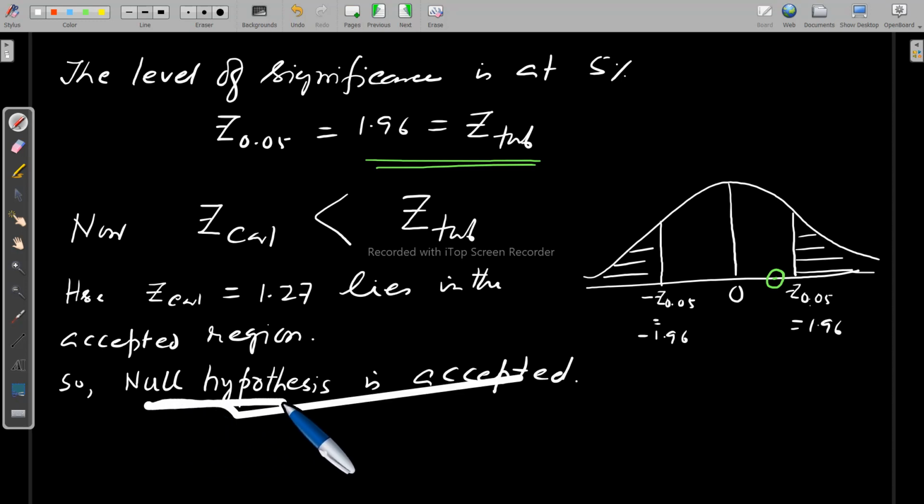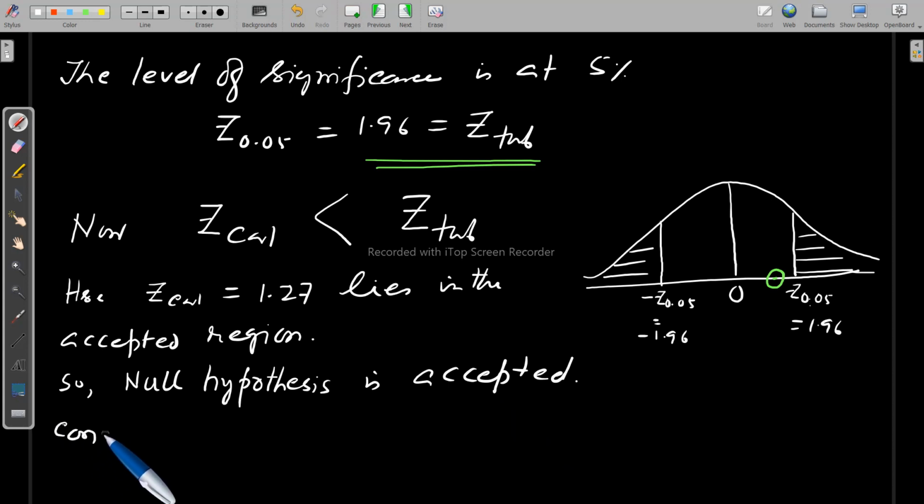So here null hypothesis is accepted. It means what? Write down the conclusion.